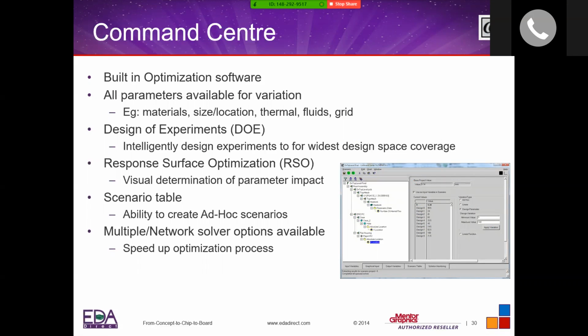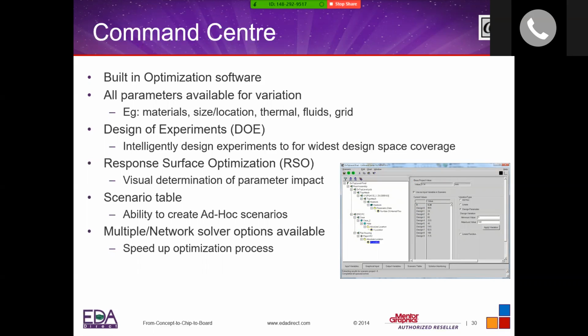I mentioned earlier about parametric sweeping, and that is done through the command center. In the command center, this is where you will specify the variable. The variable means the locations of a certain structure, the size of a certain structure. I can vary the fin thickness of the heat sink from this thickness to that thickness.